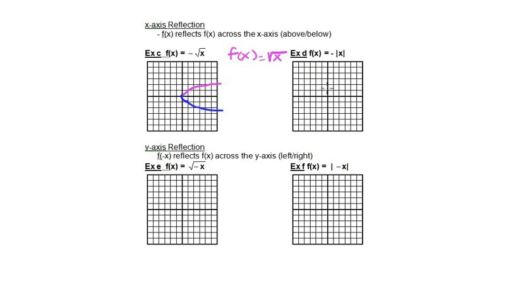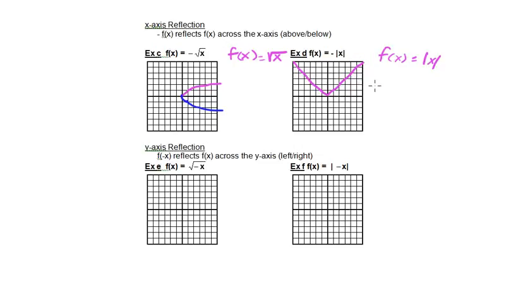We see something similar with the absolute value function. So for f of x is equal to positive absolute value of x, we can graph that function, and it has this V shape.